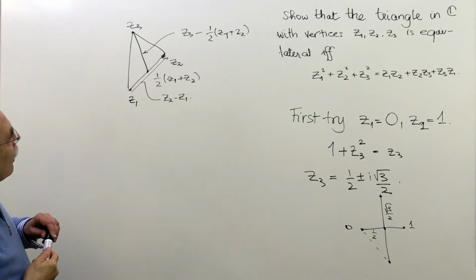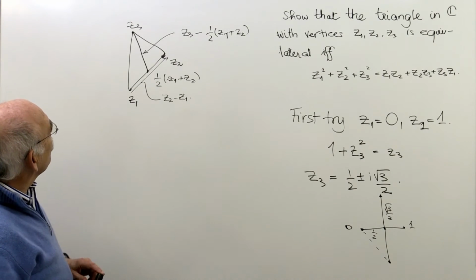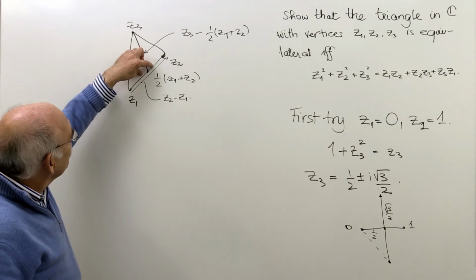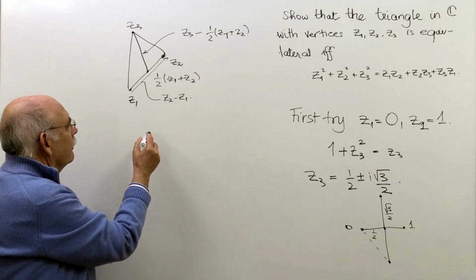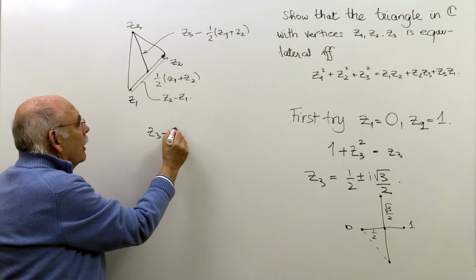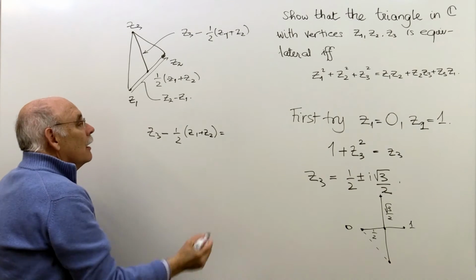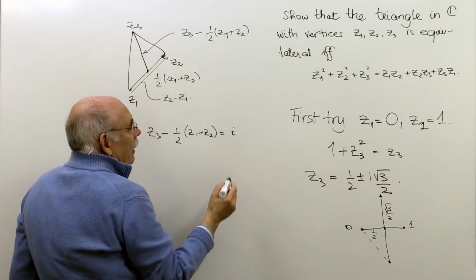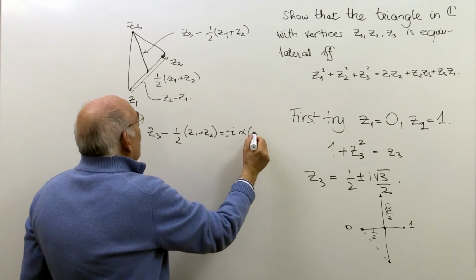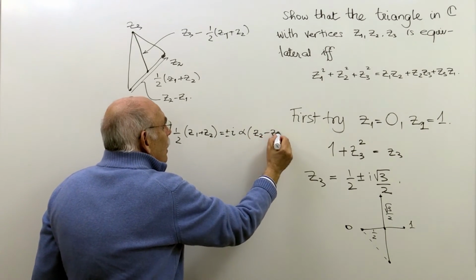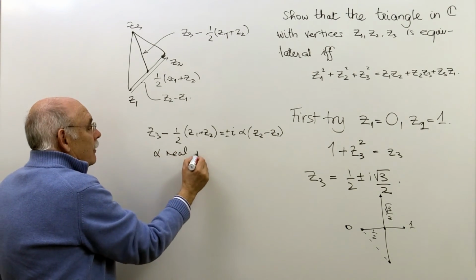Now, as argued here, if this triangle is equilateral, then this median has to be perpendicular to this side, and that means that z3 minus 1/2 (z1 plus z2) has to be plus or minus i times alpha times (z2 minus z1), where alpha is real and positive.